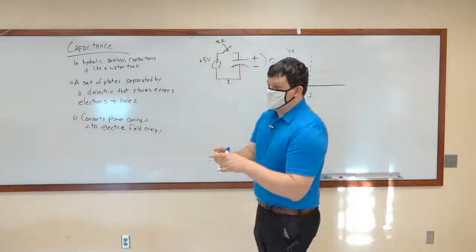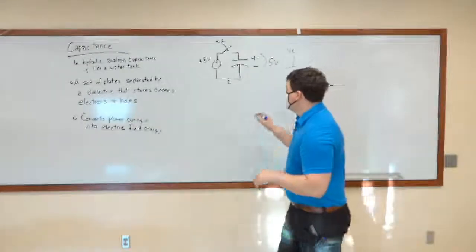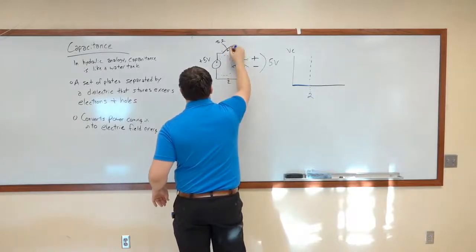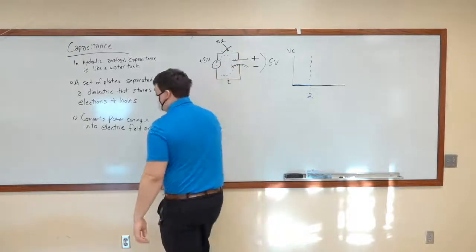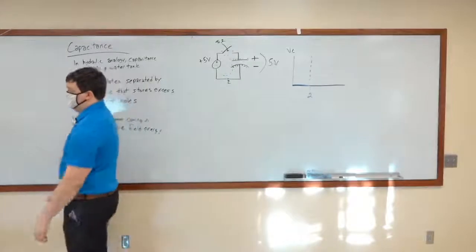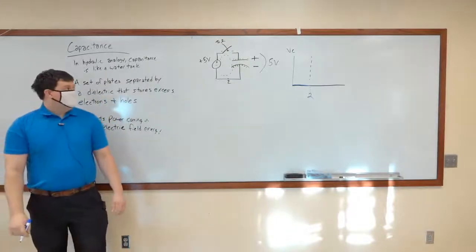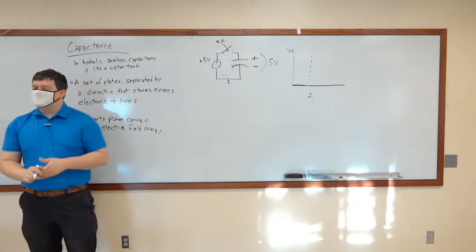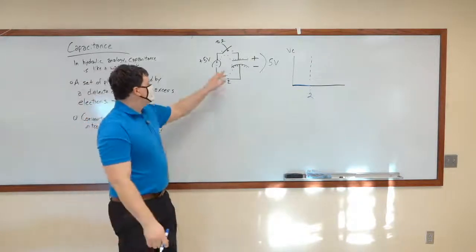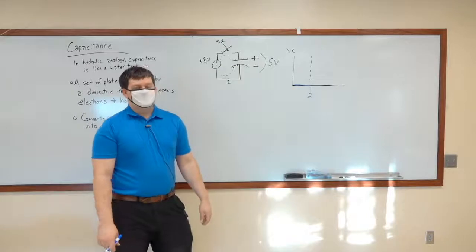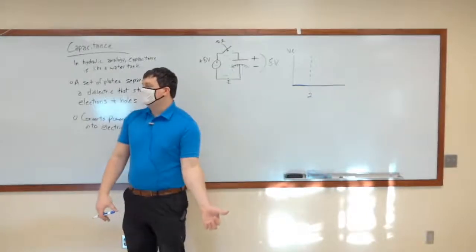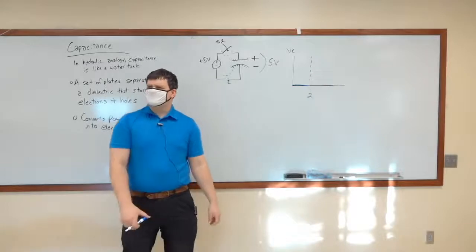Because KVL still has to be true. In this circuit, if we were to go around this loop, right now, there is a 5 volt difference there. And in your open circuit, with a 5 volt difference, there's going to be a small amount of electric field generated at that open circuit, which is weird because that's almost like a capacitor.